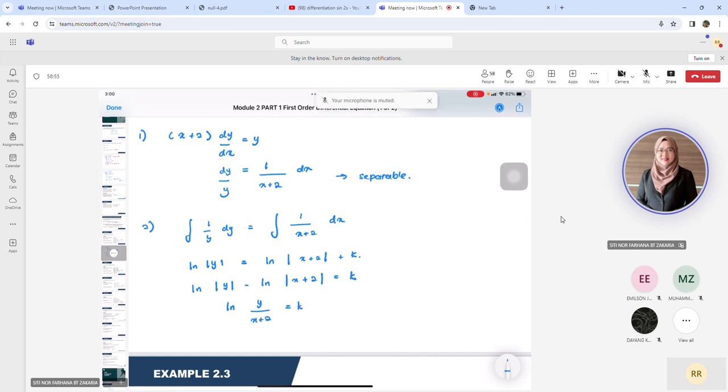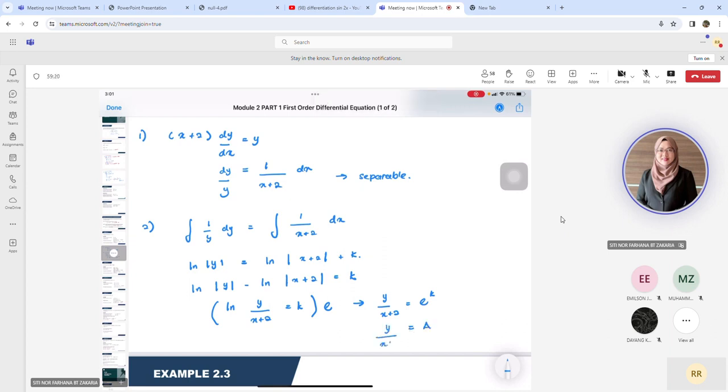So this one also can be simplified by multiply with exponential. So exponential times ln is equals to 1. So it become y over x plus 2 equals to exponential k. So this is a constant. Exponential k is constant. So we can label it as a.